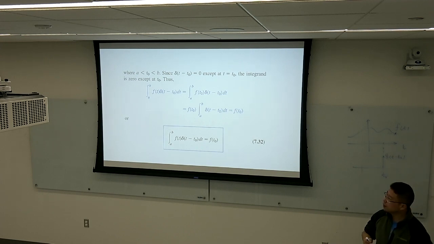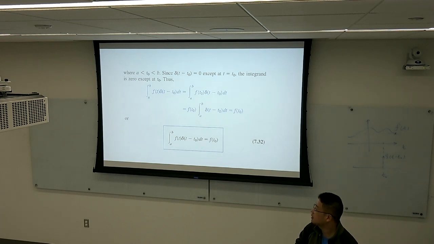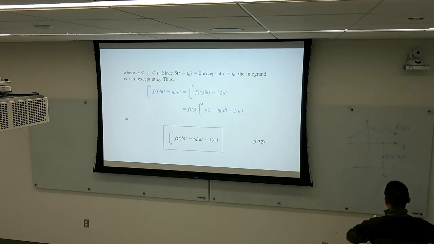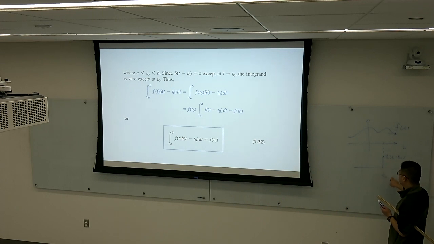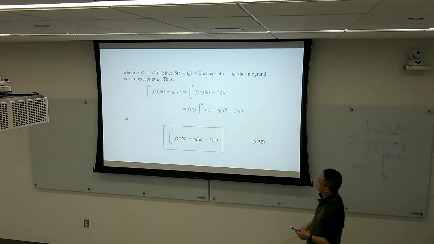When these two functions are multiplied together, the unit impulse function is 0 except at t equals t0.